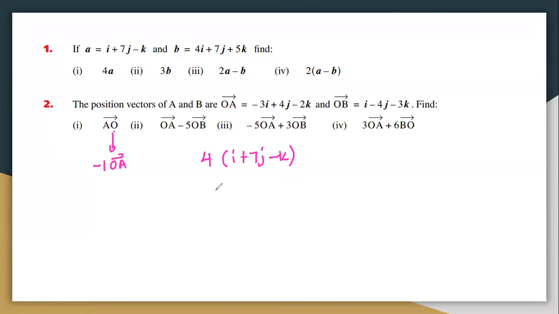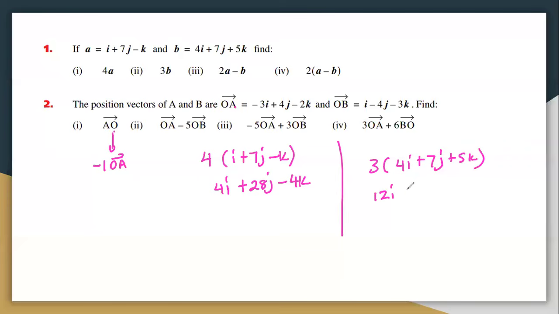I have 4i plus 28j minus 4k. That is very correct. Then for part B, I have 12i plus 21j plus 15k. That is very correct.